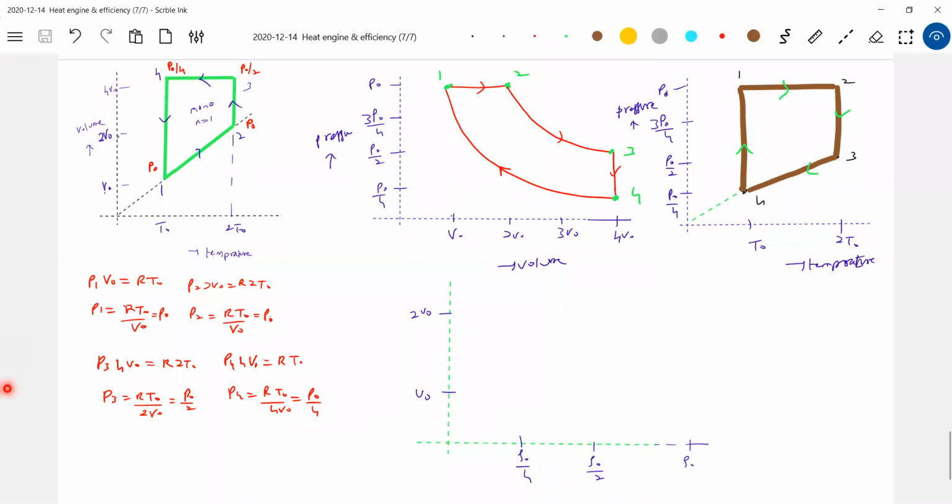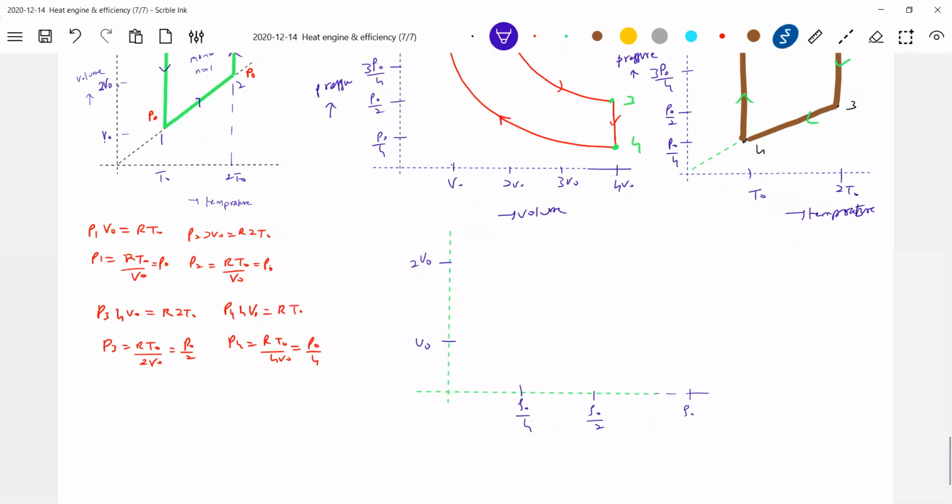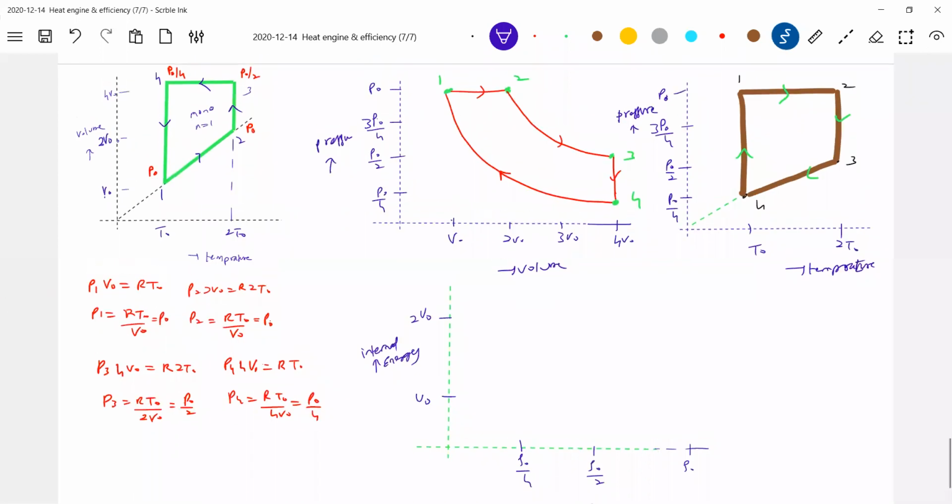Yeah. Okay, now what we have is the graph. There's the internal energy. This is density. Okay, let's identify. U naught and rho naught, there is point 1. Point 2 will be 2 U naught, rho naught by 2.